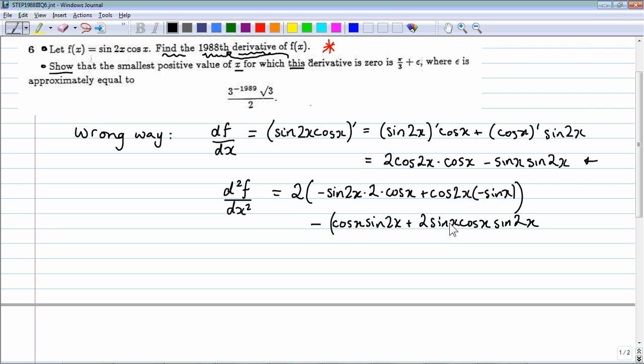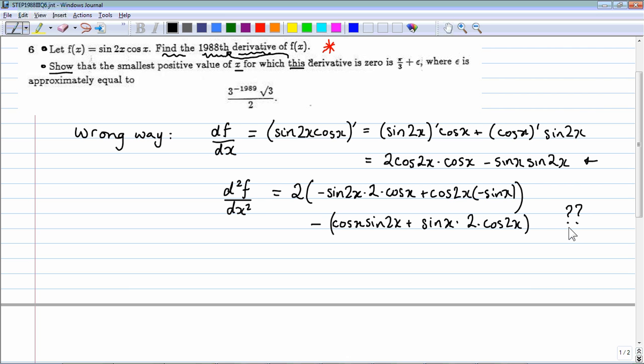No, sorry. This last term would actually be sine x times 2 times cos 2x. Okay. So at this point, we're really starting to feel like, oh, this doesn't feel right, yeah?